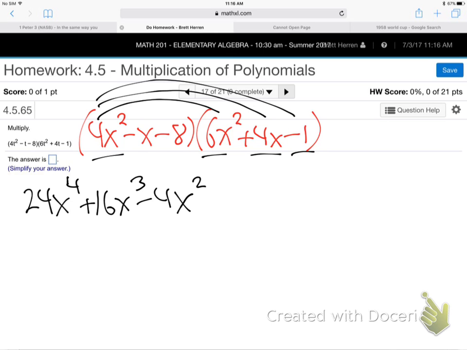Now, it might be nice to line things up vertically. I'm probably going to do that. I'm probably going to put x cubes over x cubes and x squareds over x squareds and try to keep it all lined up.